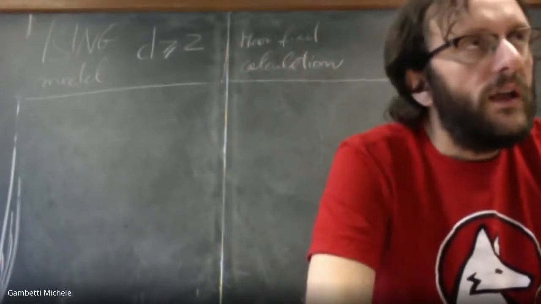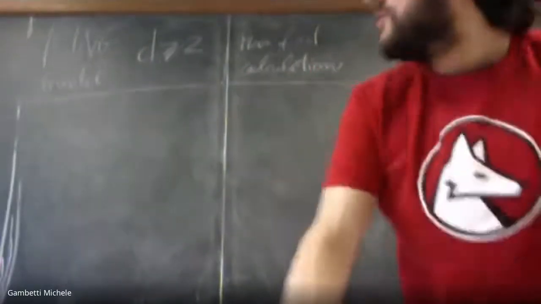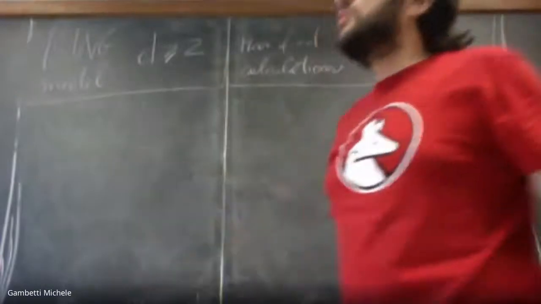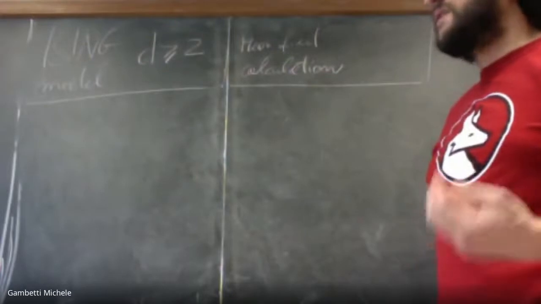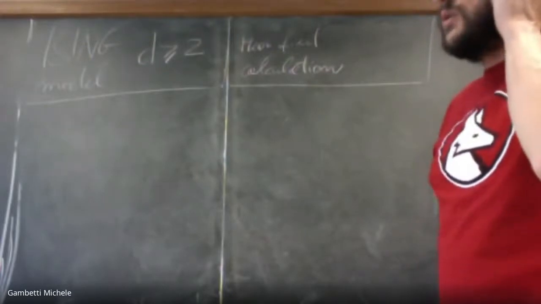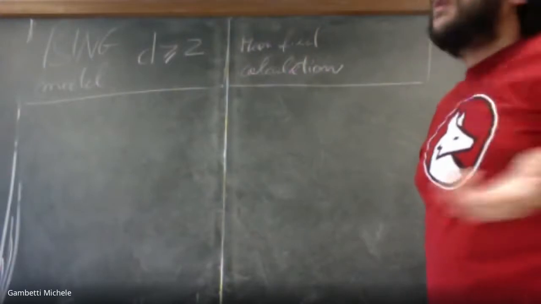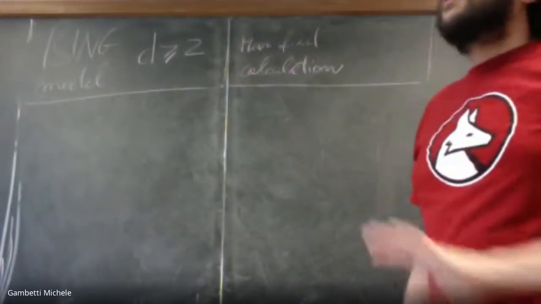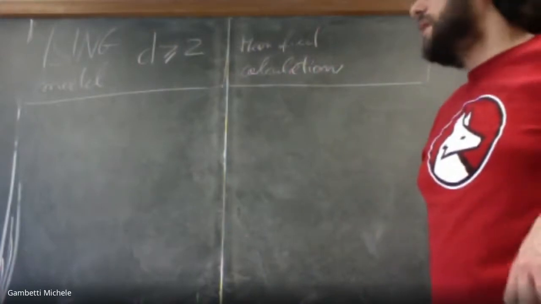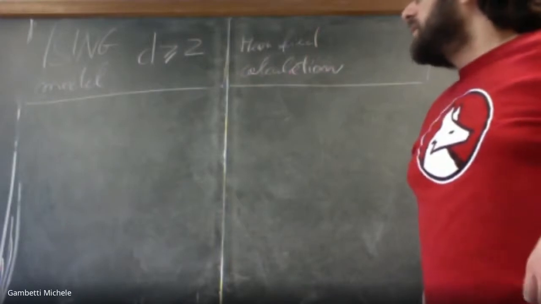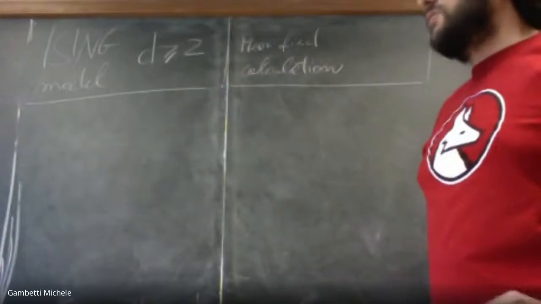So the only way to deal with, for instance, the Ising model in dimensions larger than 2... In the case of 2 dimensions, the problem can actually be solved exactly, and this is the Onsager solution. There is a full chapter in Huang that you can read if you want. It's one chapter just on that. It's a very complicated calculation, and the solution is exact. This is the only case in which we can find an analytical solution.